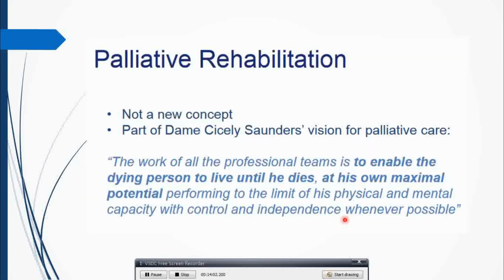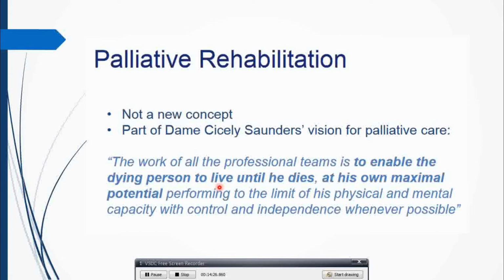Contoh, definition will be, what is the vision? The work of all the professional teams to enable the dying person to live until he dies at his own maximal potential, performing to the limit of his physical and mental capacity with control and independence whenever possible.